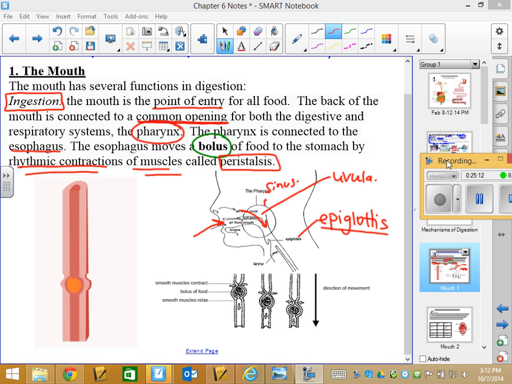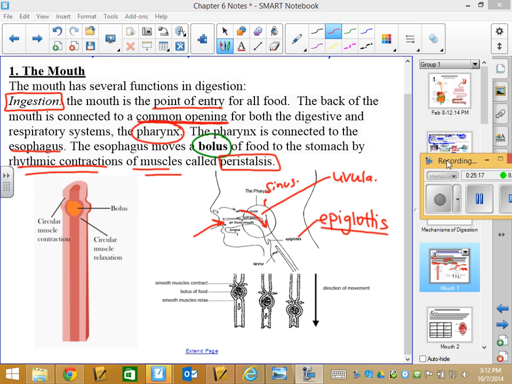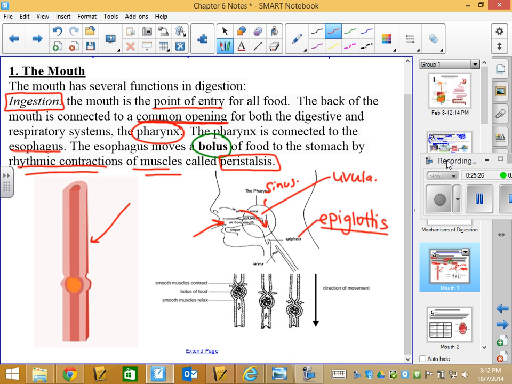So anyways, back to this movement of food. Food is not supposed to go down your trachea or up into your nose. It is supposed to go down your esophagus. And this picture over here is trying to show you how above the food, the muscle would be contracted, and below the food, the muscle is relaxed.